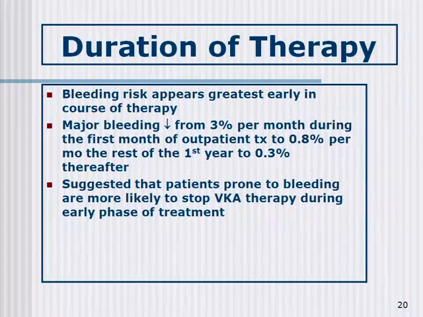After that time, the risk of major hemorrhage drops. For the remaining months in the first year, the risk is less than 1% per month, about 0.8%. And after you get patients stabilized for a year, then that risk drops to what we already know is the major risk difference compared to no treatment, which is just 0.3%.